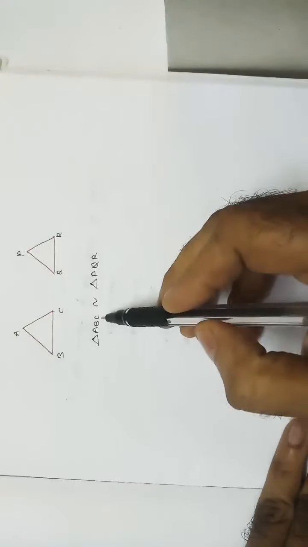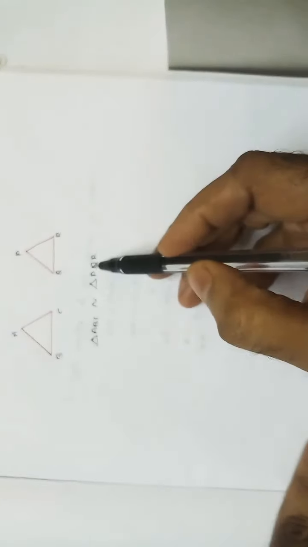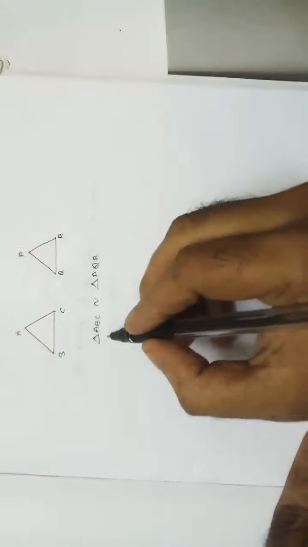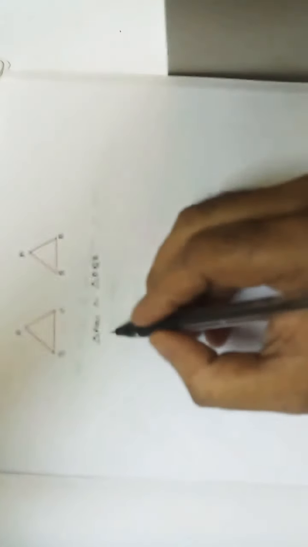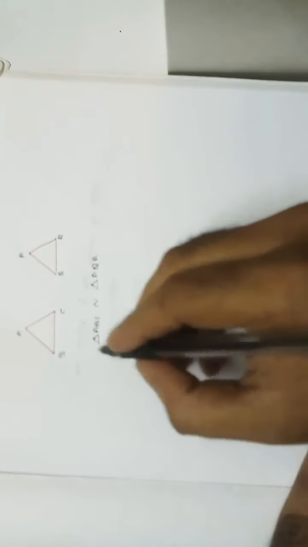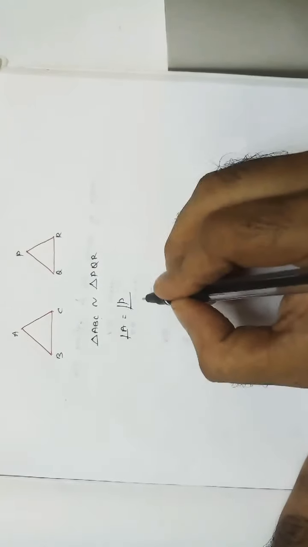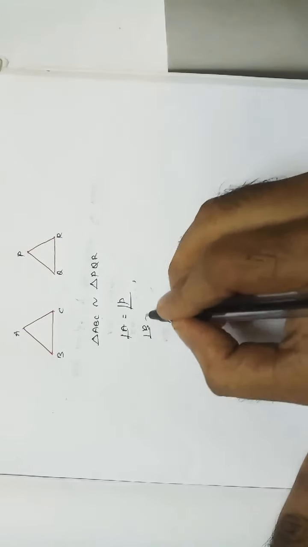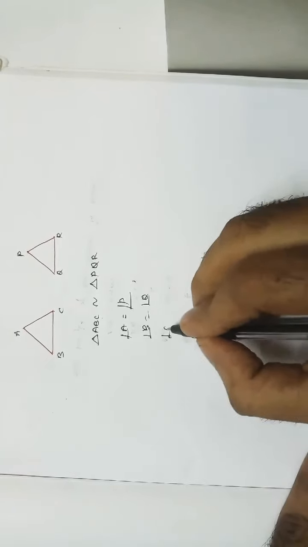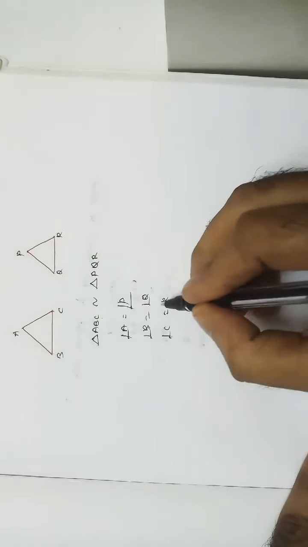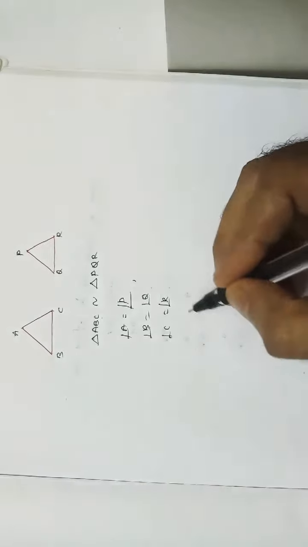If triangle ABC is similar to triangle PQR, then angle A is equal to angle P, angle B is equal to angle Q, and angle C is equal to angle R, right? At the same time, the sides are proportional.